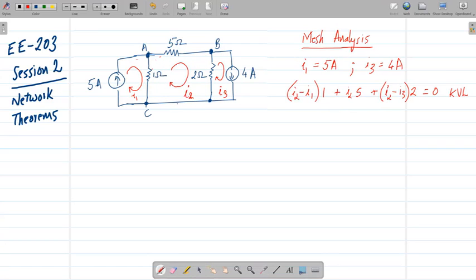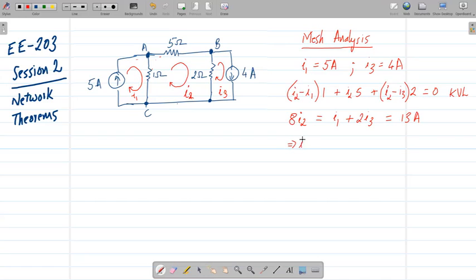And if we were to solve this out, there is an I2, there is 5 I2 and 2 I2, so 8 I2 minus I1 is equal to I1 plus 2 I3. And we know what I1 and I3 are. So that's equal to 5 plus 8, so 13 amperes.